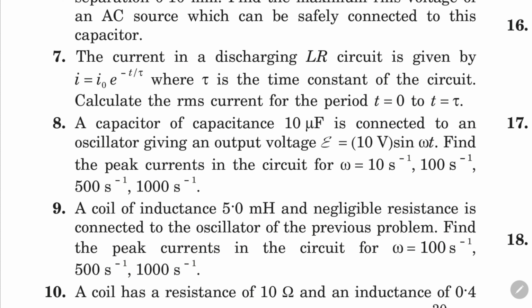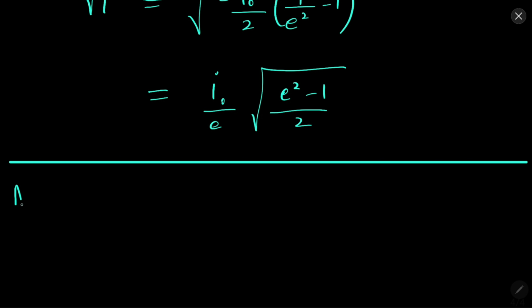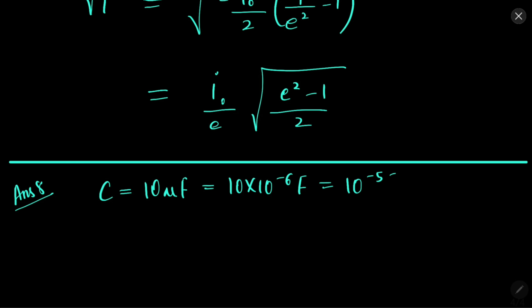In question 8, a capacitor of capacitance 10 microfarad is connected to an oscillator giving some output voltage. We need to find the peak current in the circuit for omega equal to 10 per second, 100 per second, 500 per second and 1000 per second. So this is the eighth one. What do we have? We have C equal to 10 microfarad. Capacitance is given 10 into 10 to the power minus 6 farad, or 10 to the power minus 5 farad.